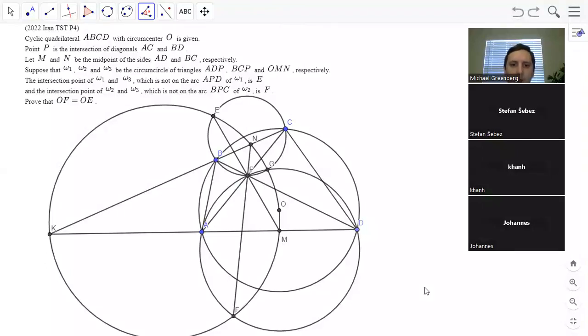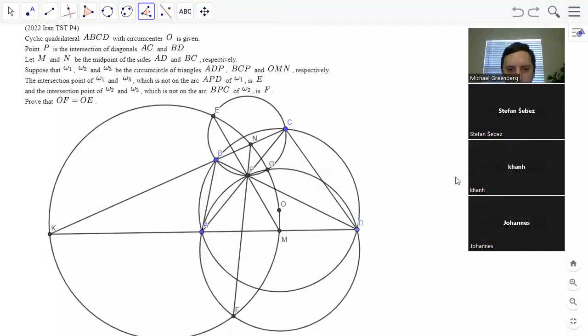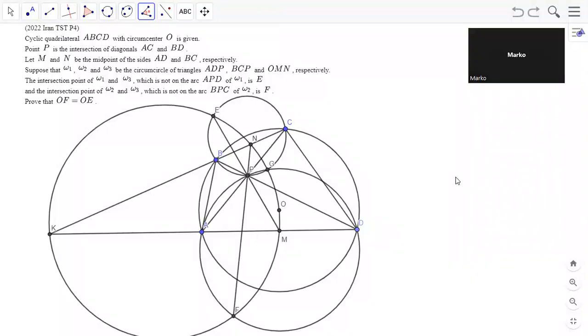Oh, so yeah, that would be true. It's equivalent to showing PF is a symmedian, which is the same as showing that APDF is harmonic. So is there something we could project through to show APDF is harmonic?